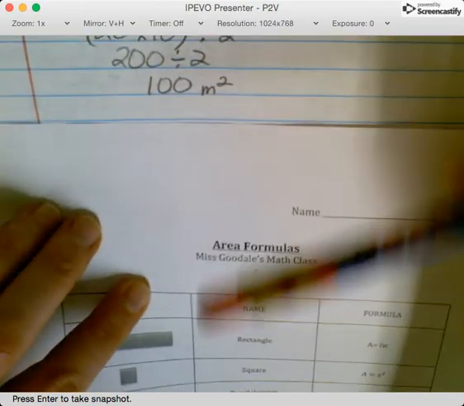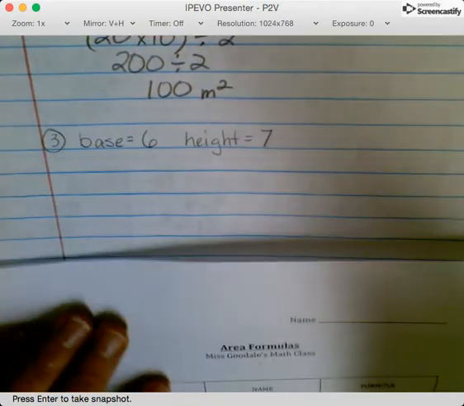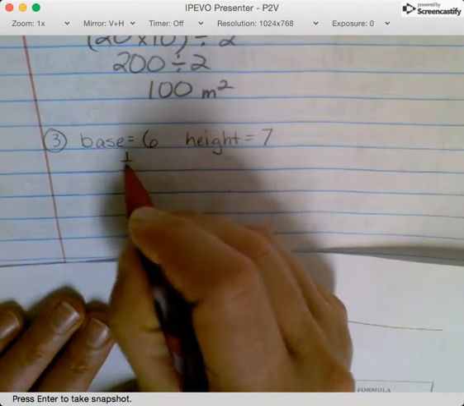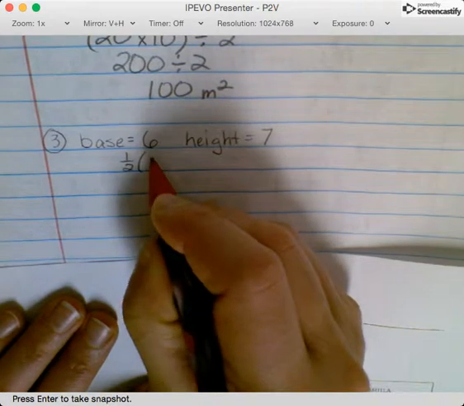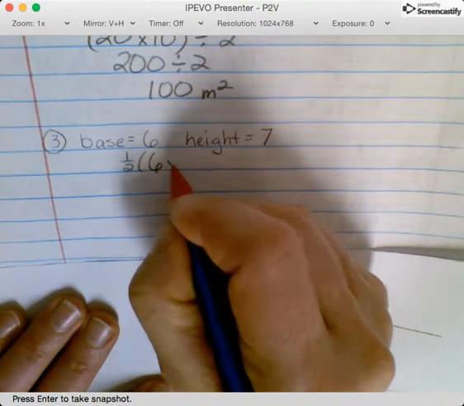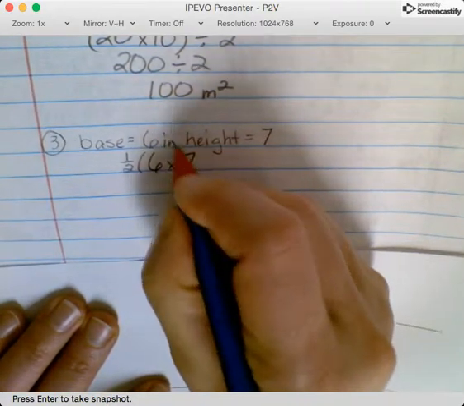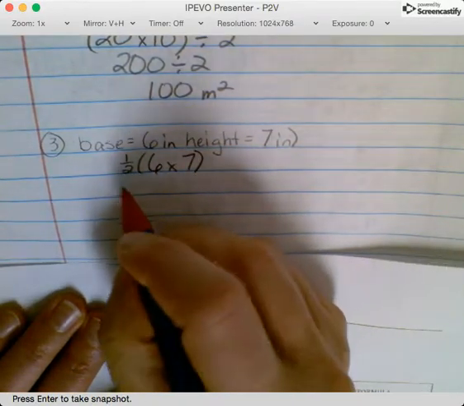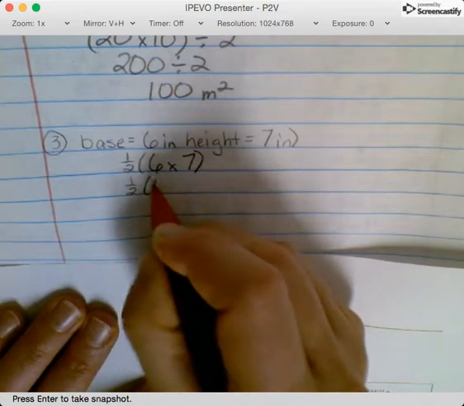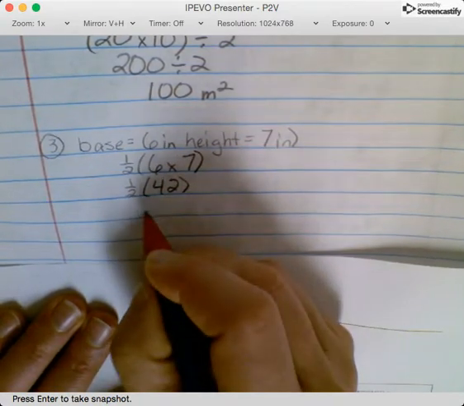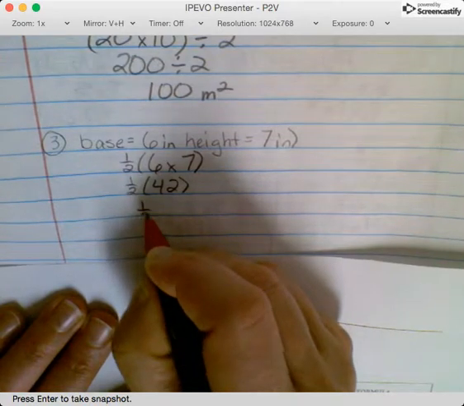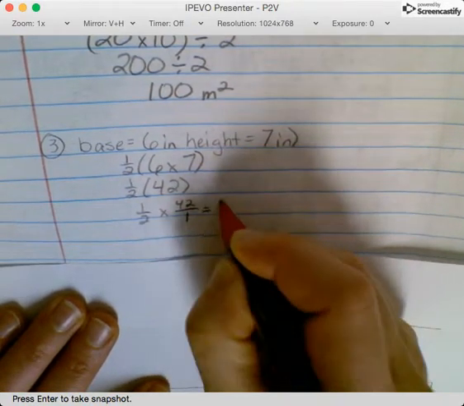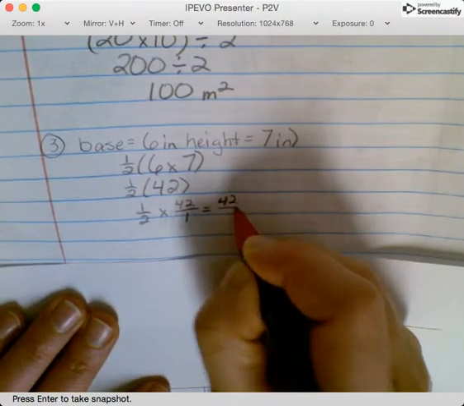And I guess we could do the next one with 1/2. So 1/2 times base times height, and let's make that in inches so we'll have a label at the end. So 1/2 times 42, and that would be 1/2 times 42 over 1, which is 42 over 2.